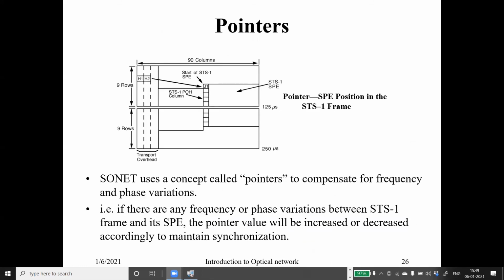Right? Now pointers is what I told you when I was explaining the advantages of your SONET system over the previous system. SONET has got pointers which were not there in the previous system. Now what is a pointer? Pointer is nothing but telling you the position from where your information is starting.